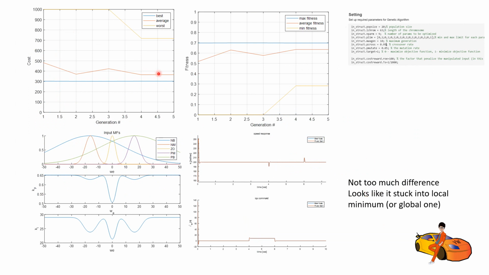And when I do that, this is the first set of results that I got. This is the setting of the genetic algorithm, and I can see they sort of converge, but the maximum fitness is almost capped.